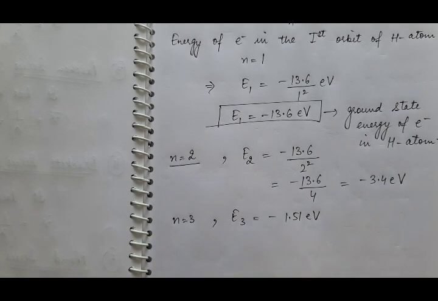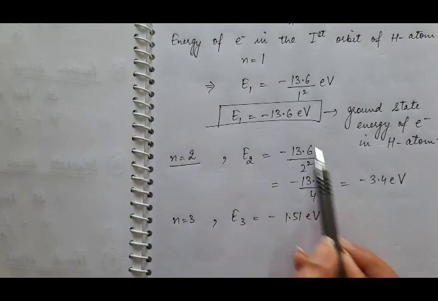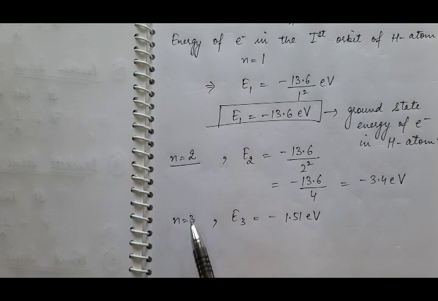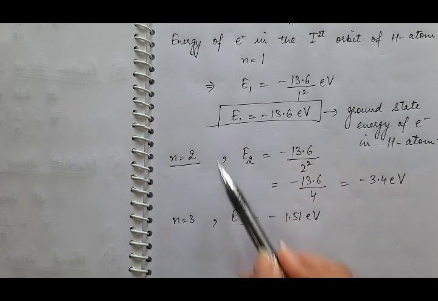What you will see is that the energy difference between consecutive energy states starts decreasing as N increases. It means for large values of N, these energy levels become continuous.